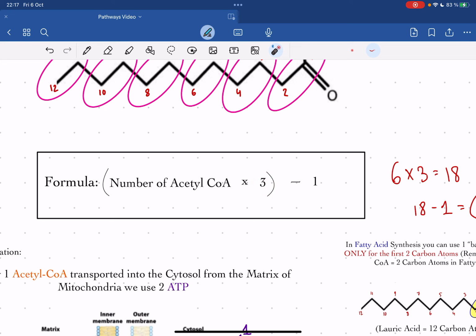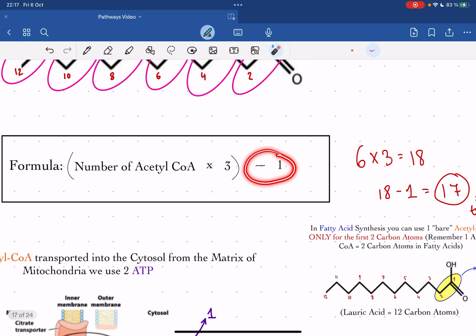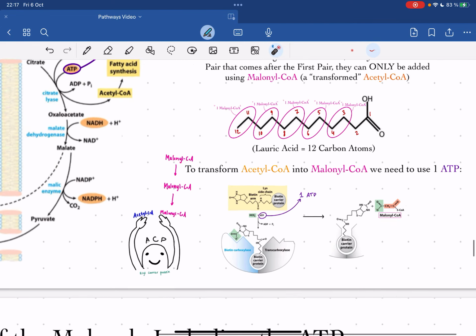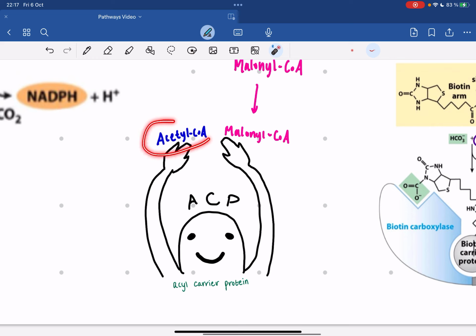and that gives us a total of 3. And then this -1 is due to the fact that here on this guy's right arm, we have a normal acetyl-CoA. Our very first acetyl-CoA in the fatty acid chain that we're making does not need to be transformed into the malonyl-CoA. It's perfect as it is in this little guy's right hand.